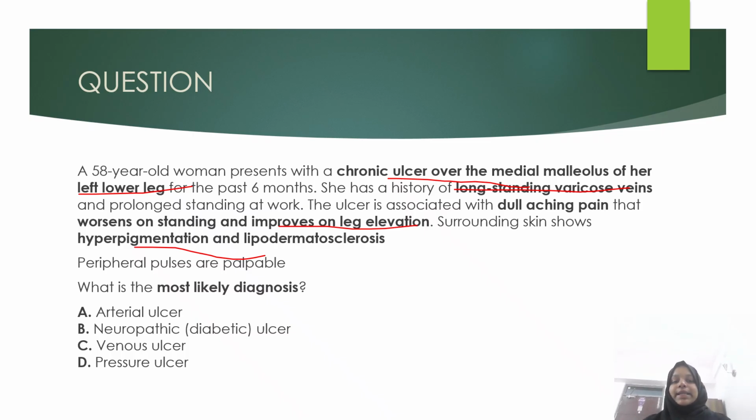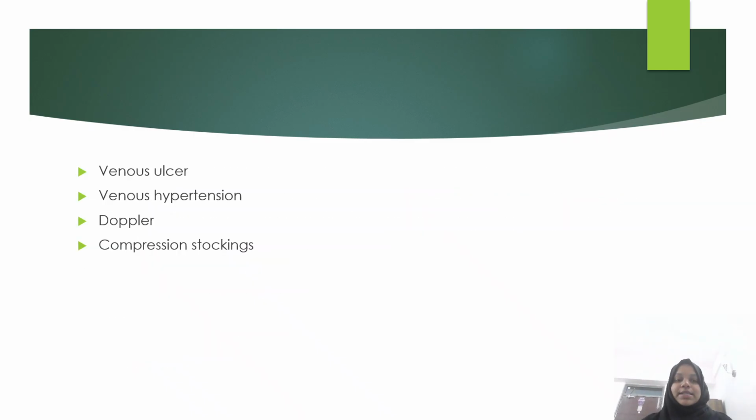So here, what is the most likely diagnosis? It is venous ulcer, not arterial ulcer, not neuropathic or diabetic ulcer, not a pressure ulcer. Pressure ulcer is usually again on the sole of the feet. It's venous ulcer.